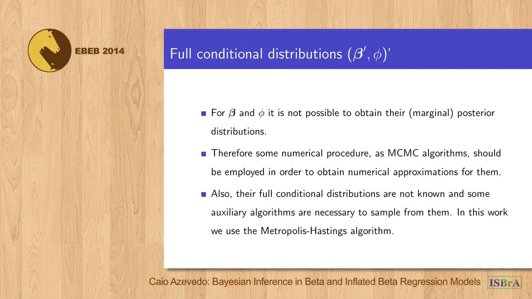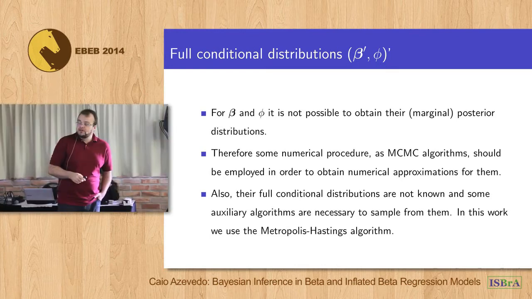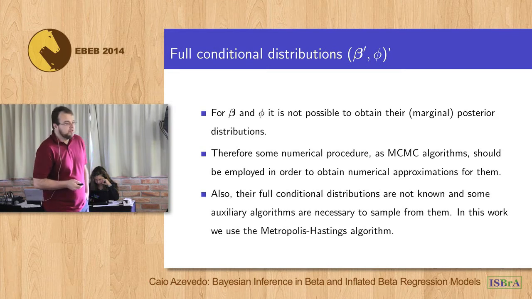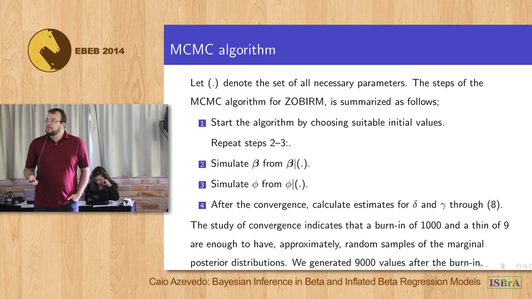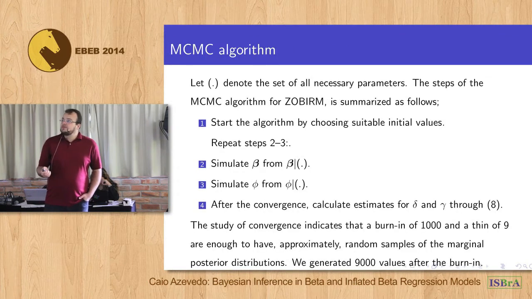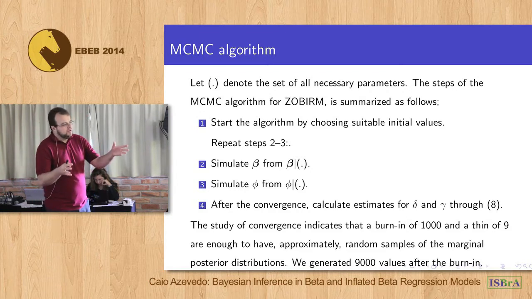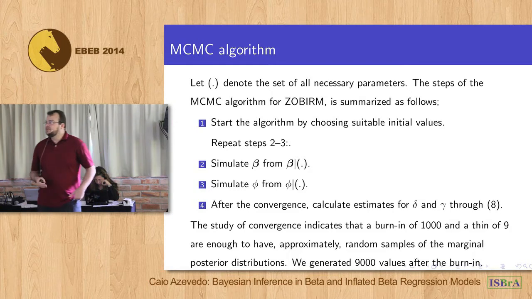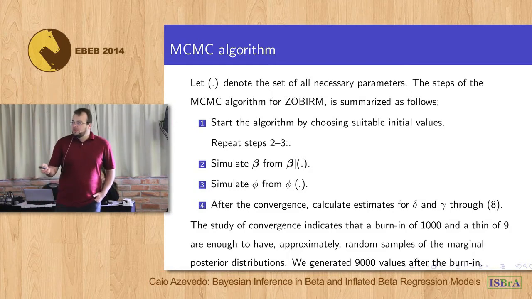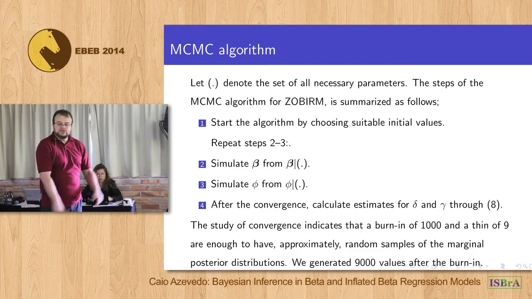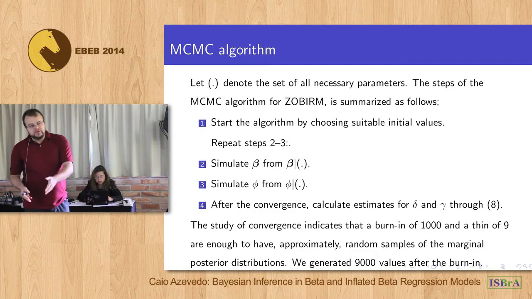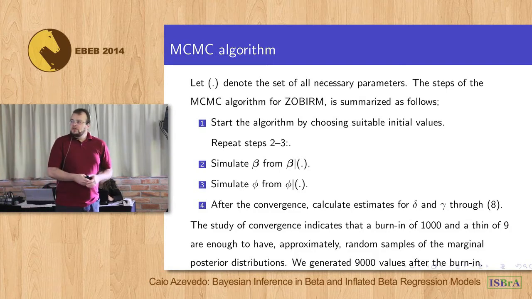And what Danilo did is implement in R, we did not use WinBUGS, a Metropolis-Hastings algorithm within a Gibbs algorithm to simulate from beta and phi. So the full MCMC algorithm can be summarized as follows. You just start with suitable starting values, initial values. Then we simulate beta from its conditional distribution. Then we simulate phi from its conditional distribution.